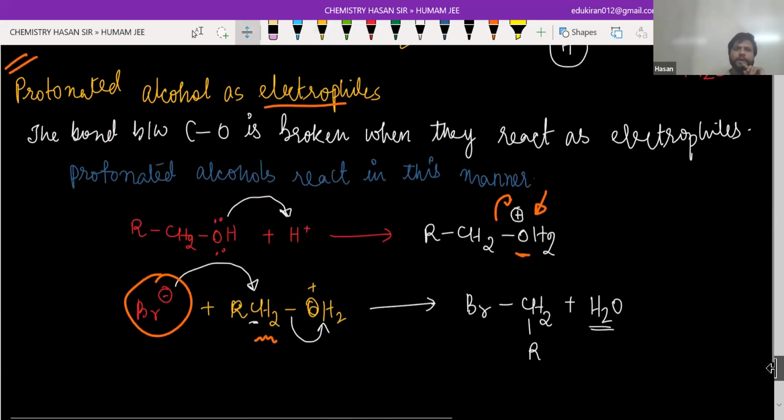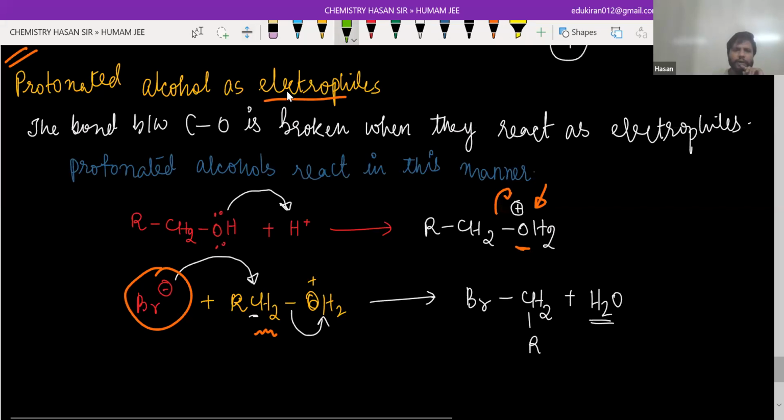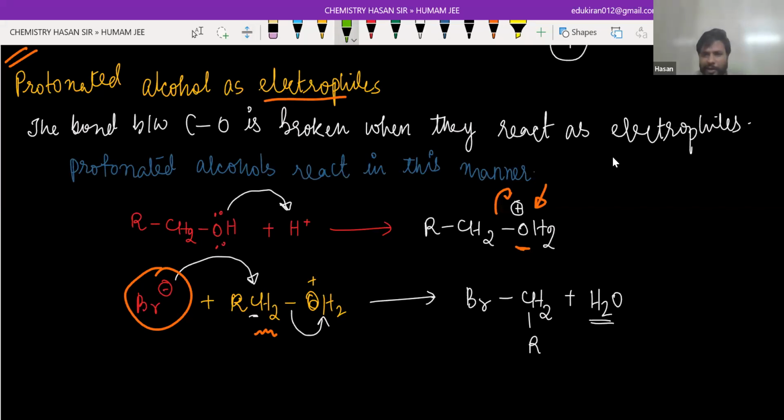Okay. Now see, when alcohol is going to react as an electrophile, there is a condition: only protonated alcohol. That means first you are going to react this alcohol with the proton. So you can see RCH2OH2 positive it becomes. And now there is a nucleophile that is waiting.